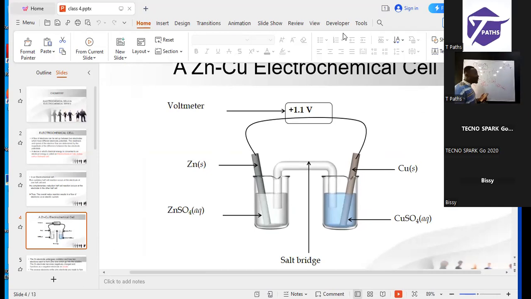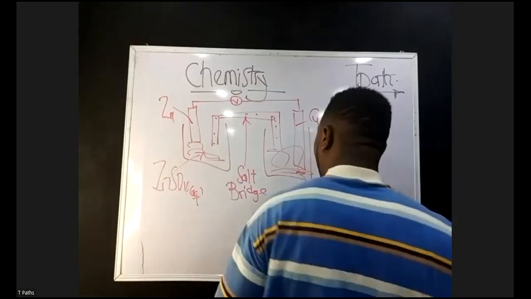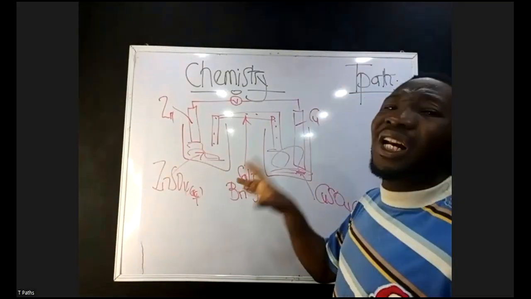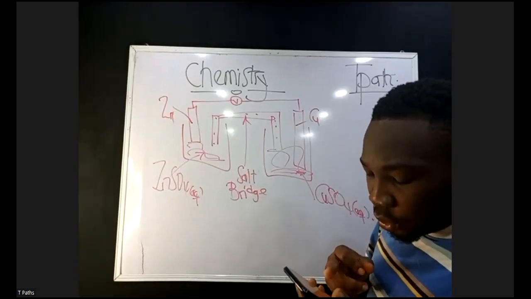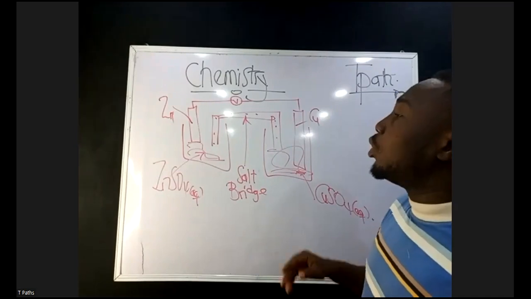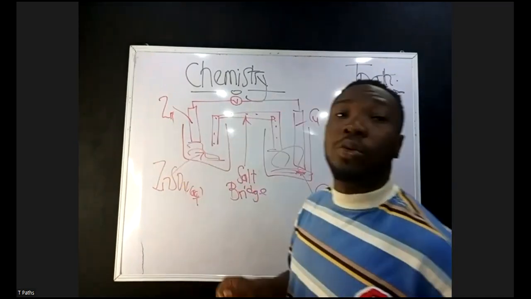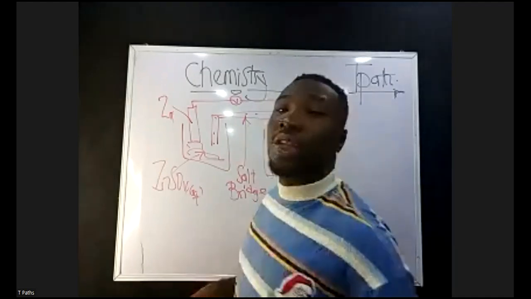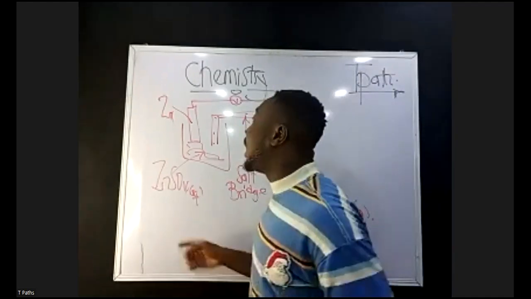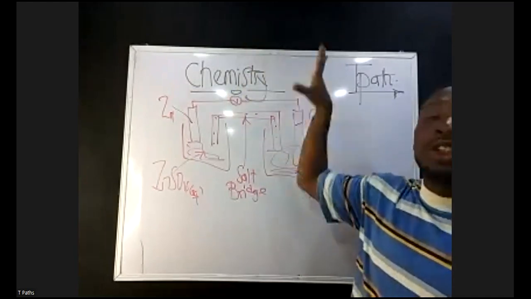What is oxidation? Oxidation is the loss of electrons. Here, zinc loses two electrons to form zinc ions. You can look at the slide there. And when zinc loses electrons, the zinc electrode becomes negatively charged.